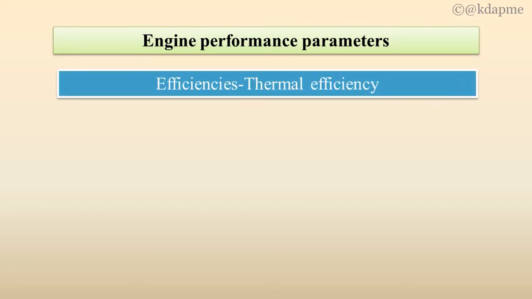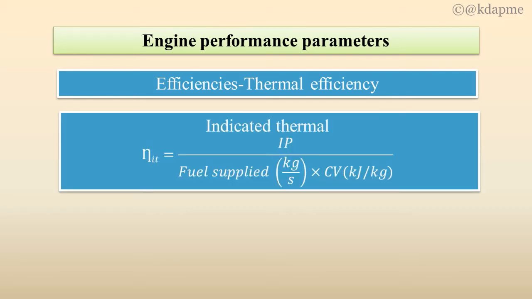Next is thermal efficiency. As we know, there are two subcategories. One is indicated thermal efficiency, eta IT. Eta IT is indicated power divided by fuel supplied into its calorific value.